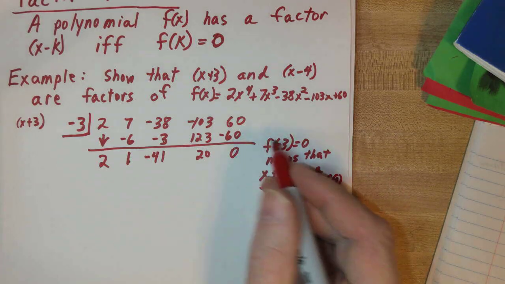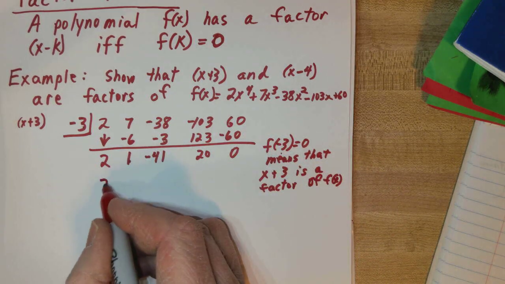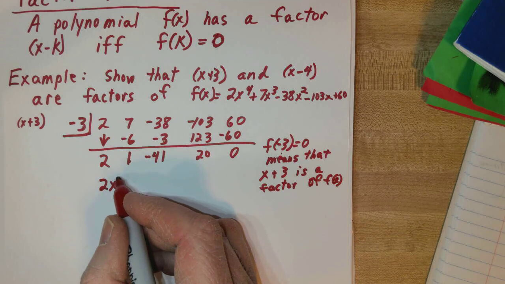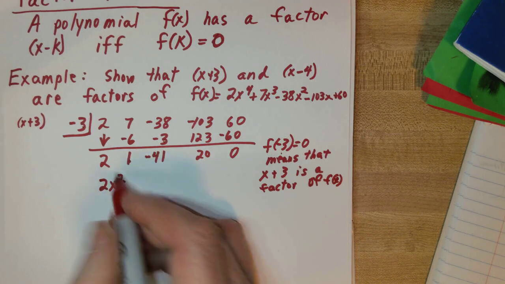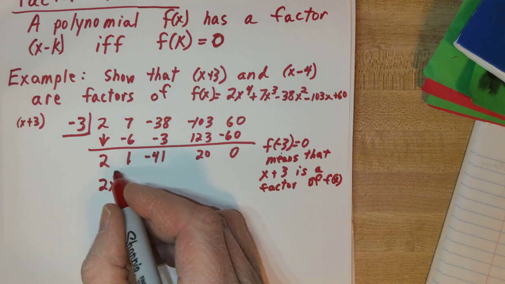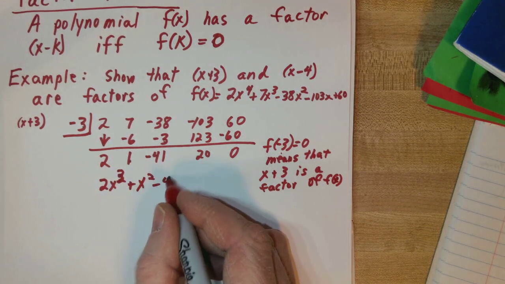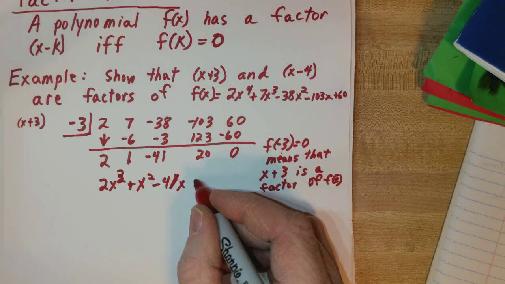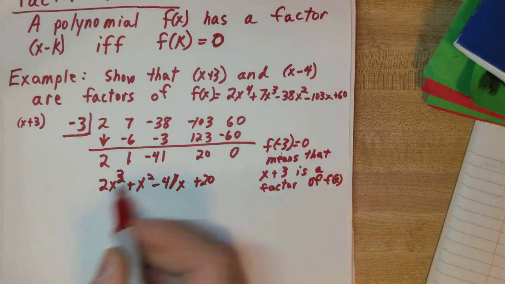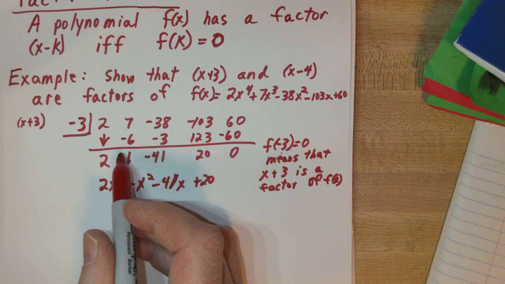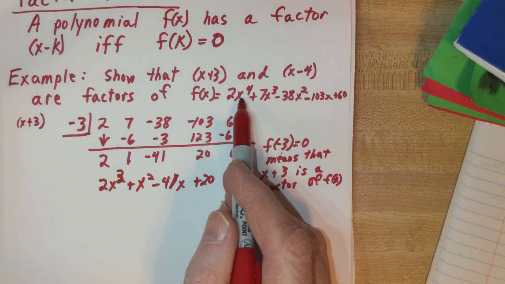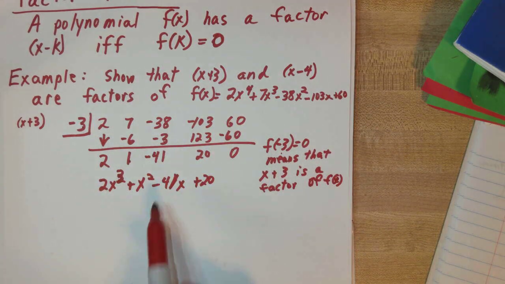Okay. Now when you divide that out, you get 2x to the 3rd plus 1x squared minus 41x plus 20. That is the quotient when you divide f of x by x plus 3.